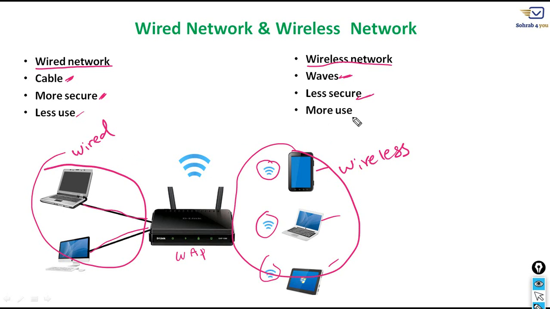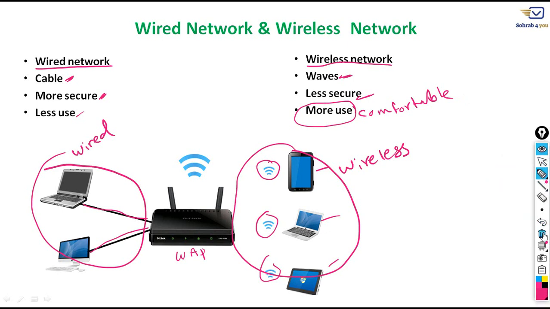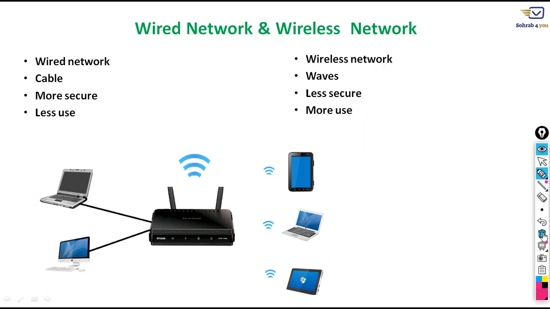But now most people use wireless networks because they are very comfortable. You do not need to carry all those cables. So simply, we studied the wired network, which connects via wire, and the wireless network, which connects via waves. Let's move to the next.